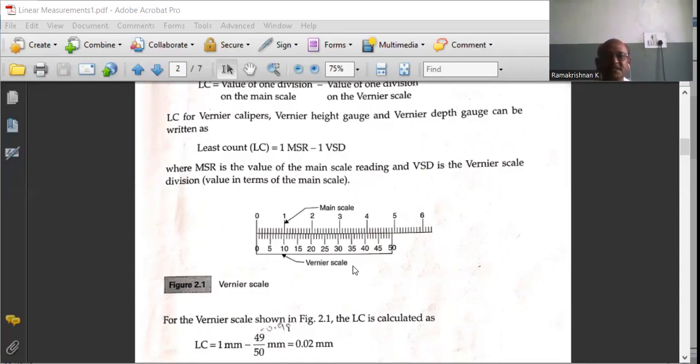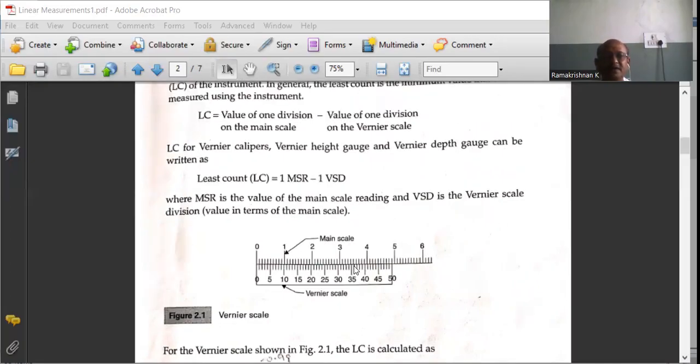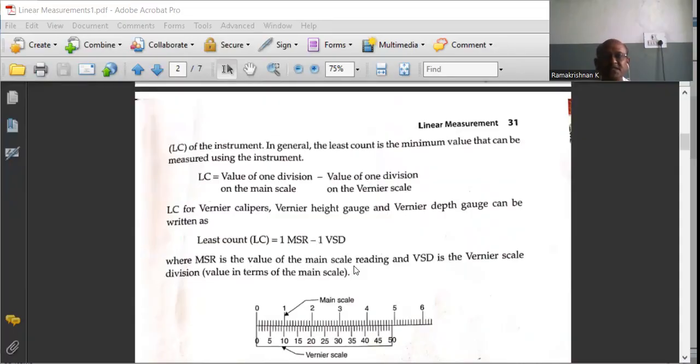For instruments, a term called least count is used. The least count is the lowest or shortest value that can be measured accurately from a measuring instrument.